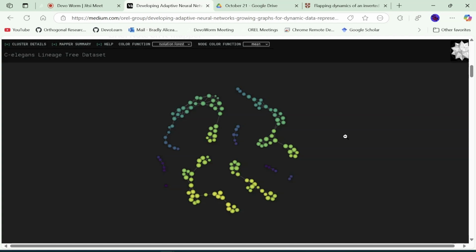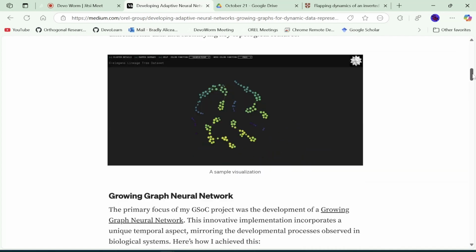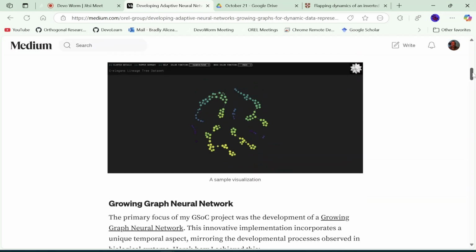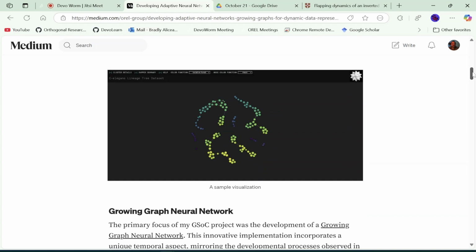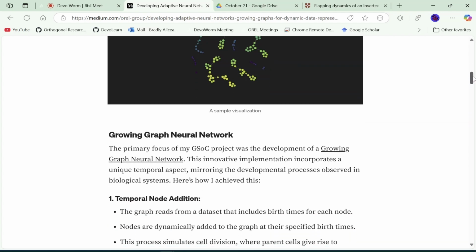But the idea here is we want to be able to find some shape to the data that isn't like the anatomy. So this is sort of the summary of this. Again, there's probably more to do here. I think Pocky did work on this for a while during the summer, but I'd like to explore this more. But this allowed us to go to the next step, which was growing the graph neural network.